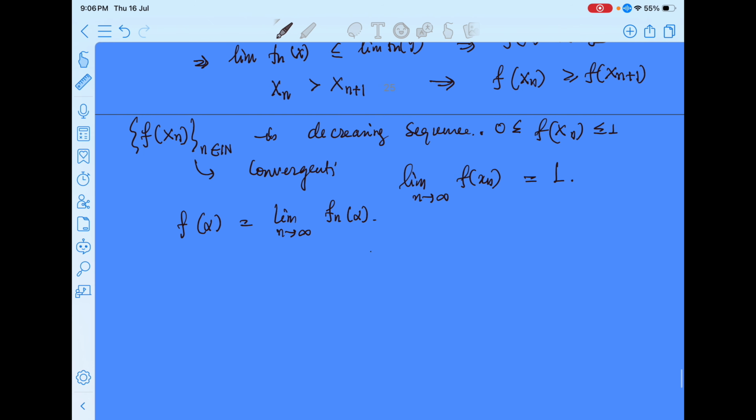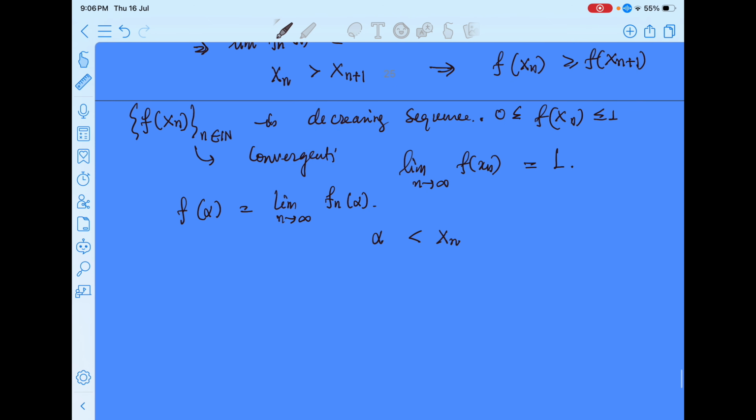Now we know that alpha is less than x_n. So the claim is that L is greater than or equal to f of alpha.